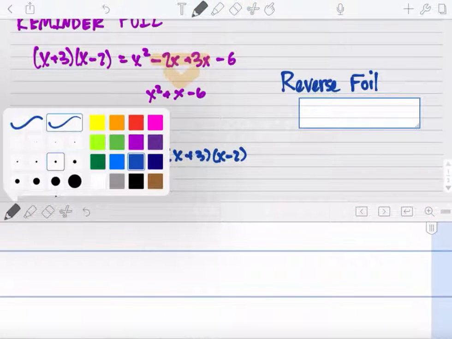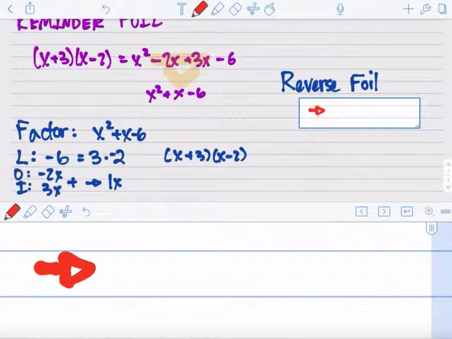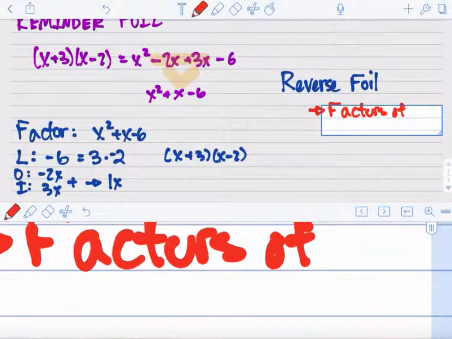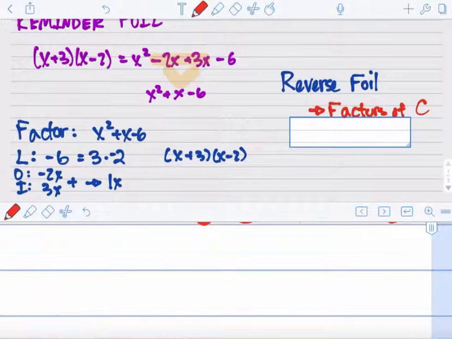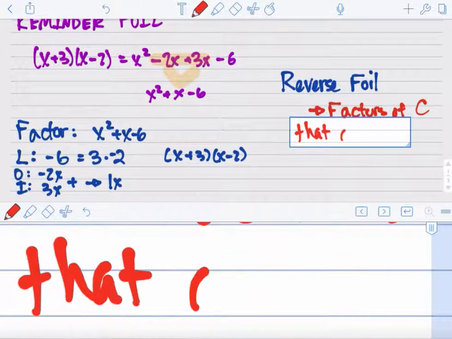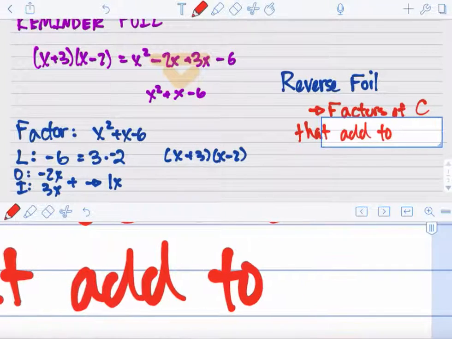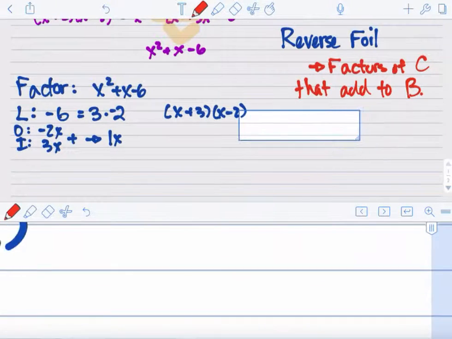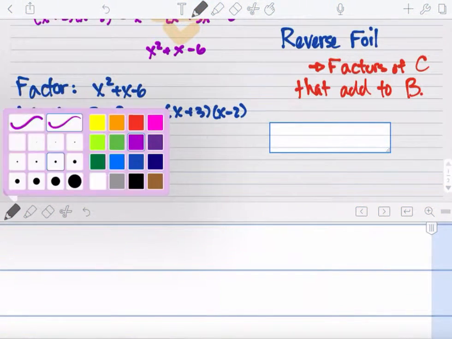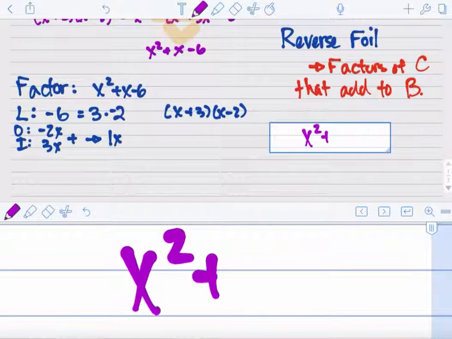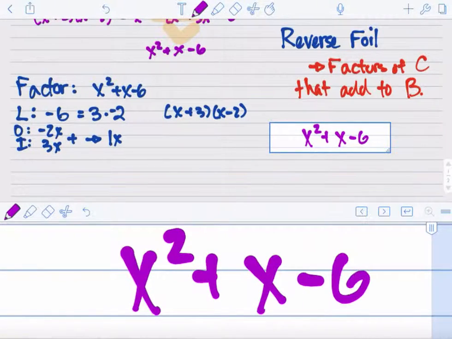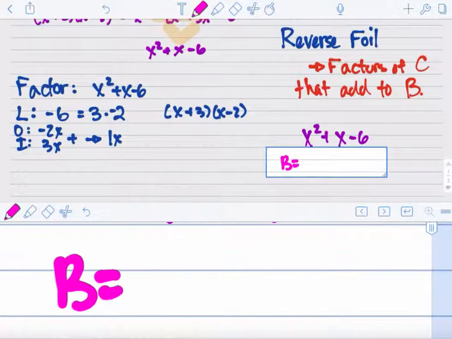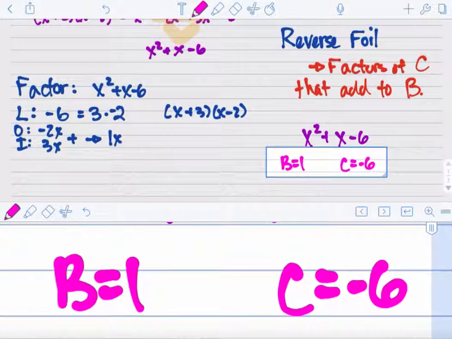The idea with reverse FOIL is we look for factors of C that add to B. On my particular problem, I had x squared plus x minus 6. In this case, B is equal to 1 and C is equal to negative 6.